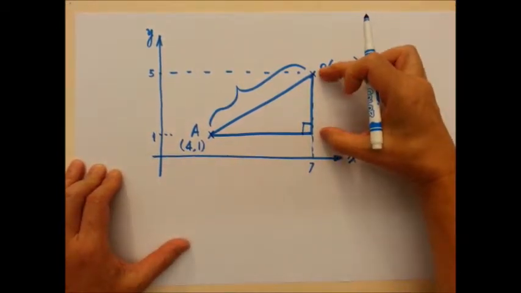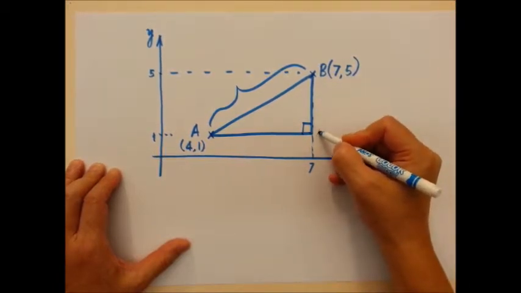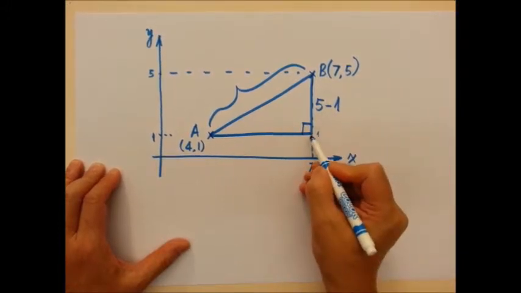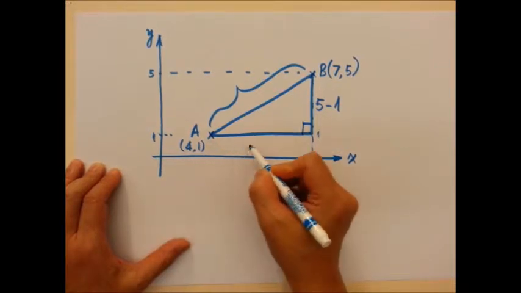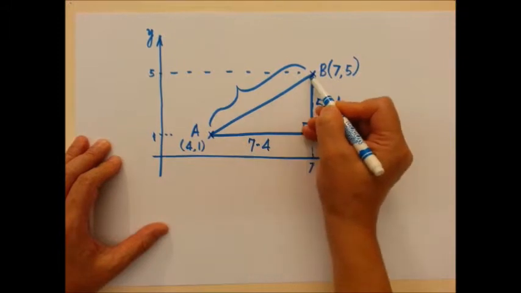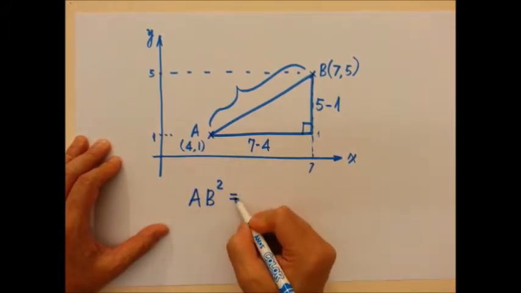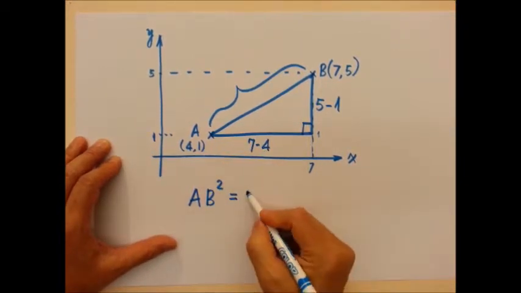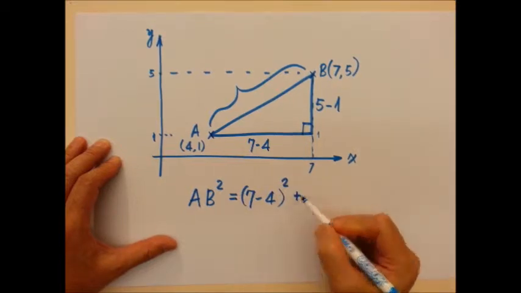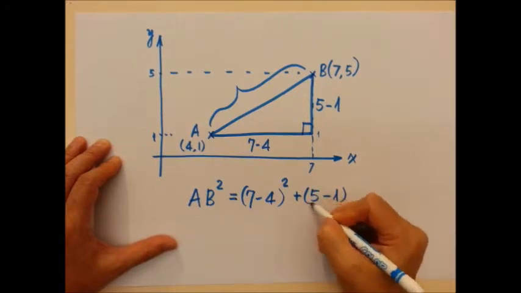Now, the vertical distance is 5 minus 1. Here is 1. 5 minus 1. And 7 minus 4. The distance between A and B is by Pythagoras theorem equal to this side 7 minus 4 square plus 5 minus 1 square.